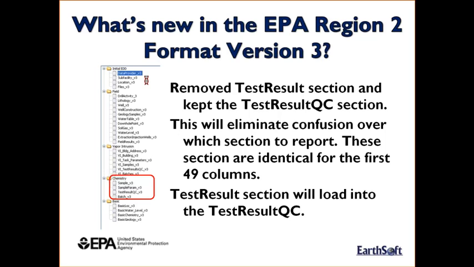The test result and test result QC were exactly the same for the first 49 columns, plus the additional QC fields that were added. If you are not reporting those or have not been required to report those, and you have been receiving a test result file in the past, that test result file will load into the test result QC file. So that's a change to the chemistry, or the old lab, section.